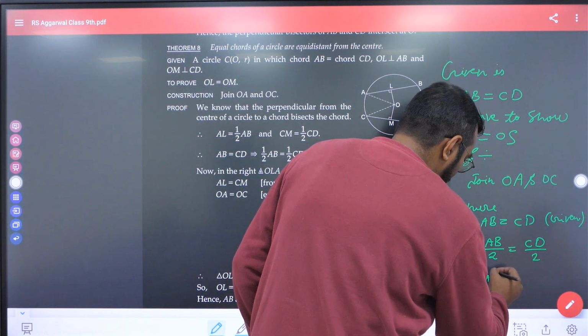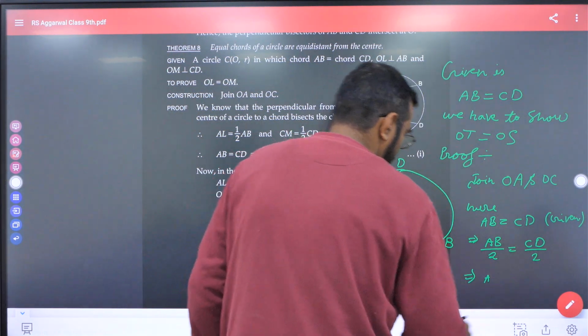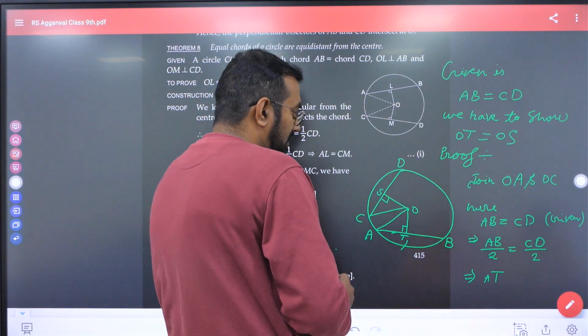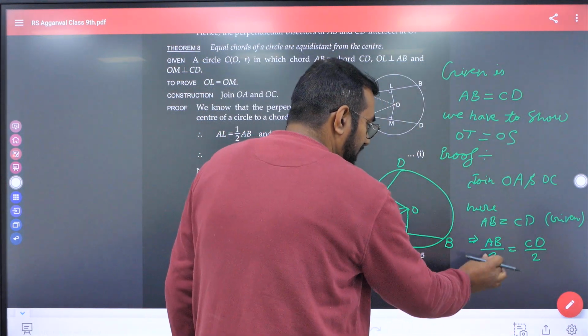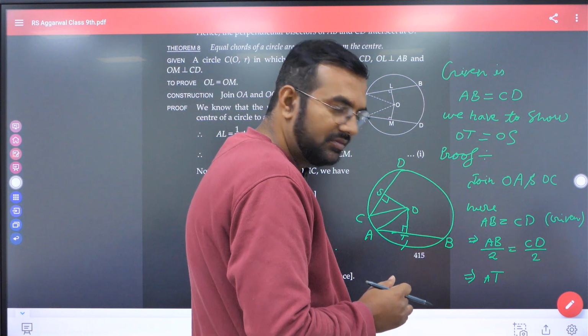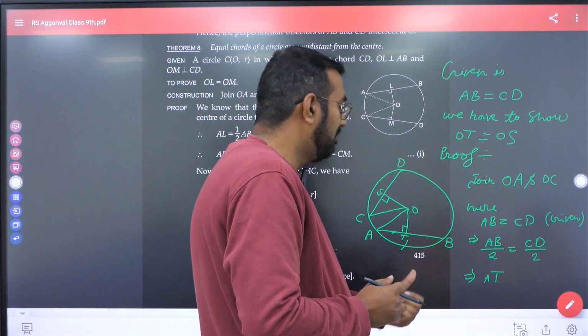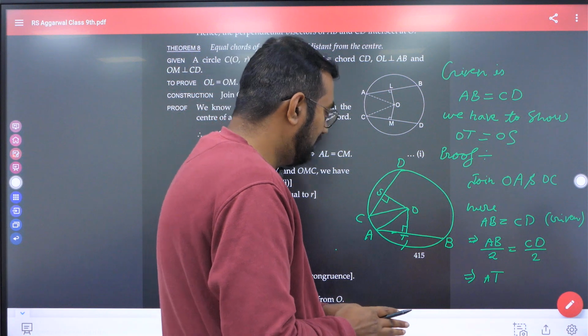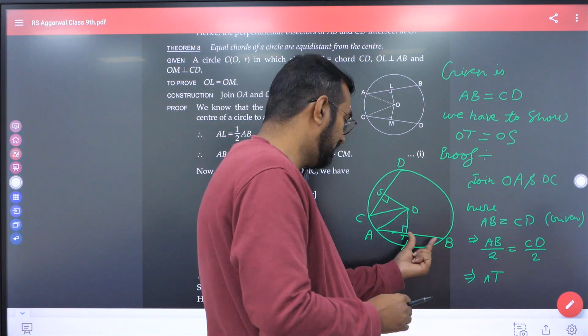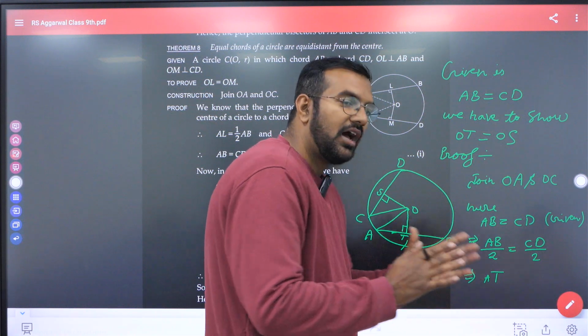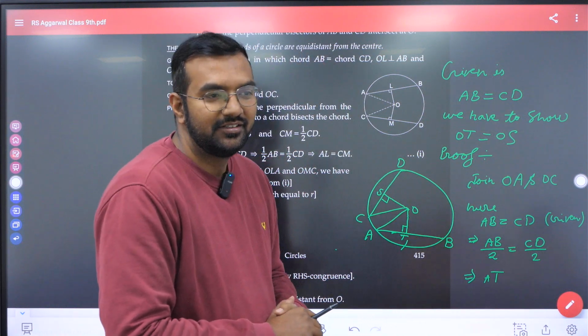Can we write BT also instead of AB by 2? Because B is not in the triangle, we cannot write B here. Yes, BT is also half of AB because BT and AT both are half of AB, right?